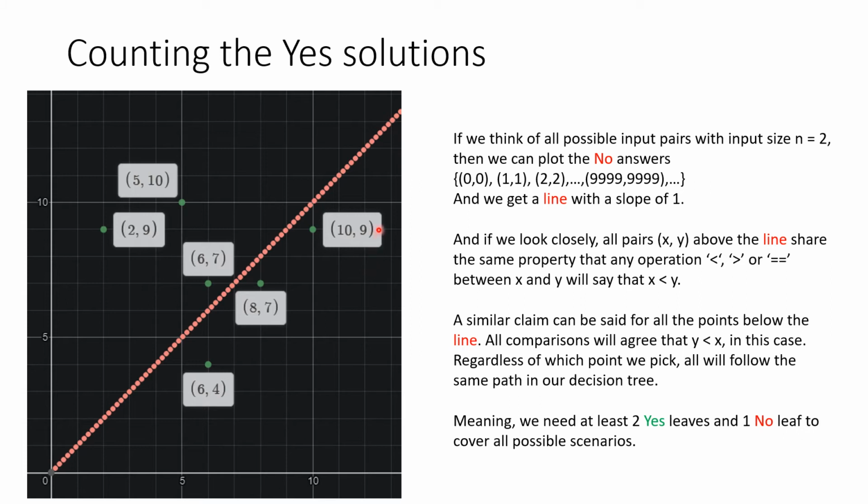If we ask the same question, the answer we will have is that y is less than x, or that y is not equal to x, and so on, meaning that we at least need 2 yes solutions, where we will be in this region and say yes, they are distinct because x is less than y, or yes, they are distinct because x is greater than y.